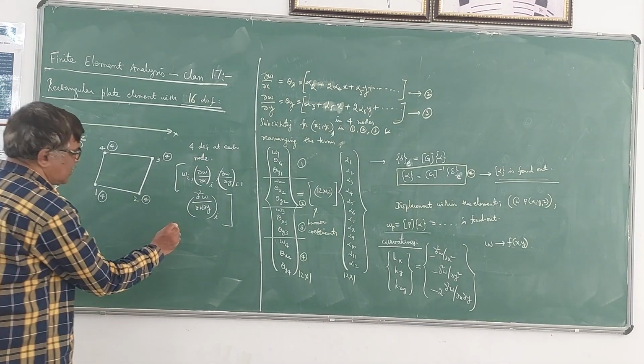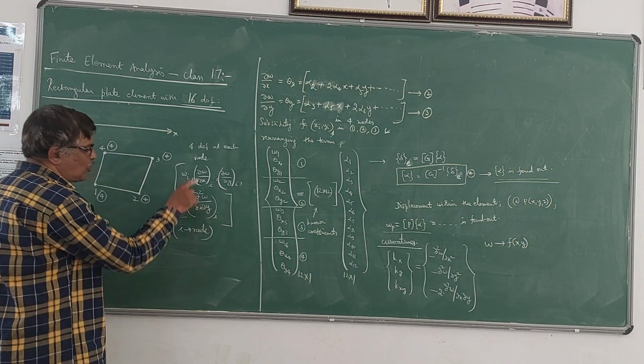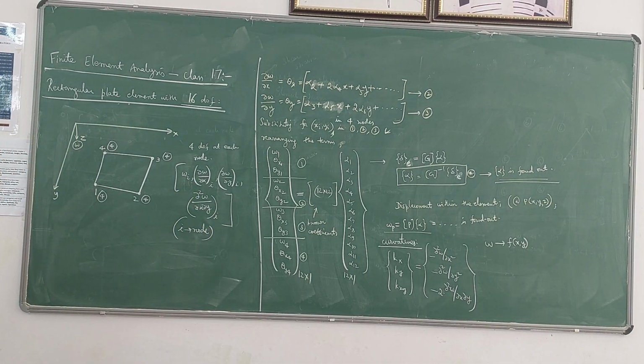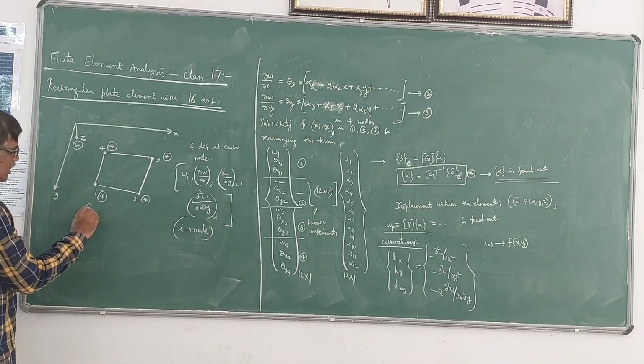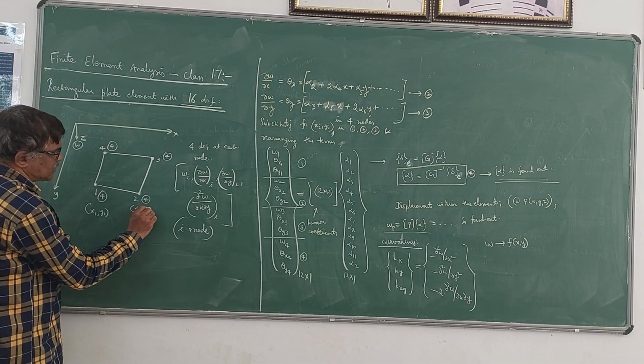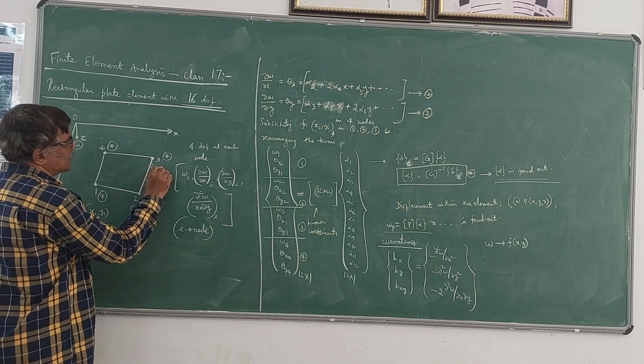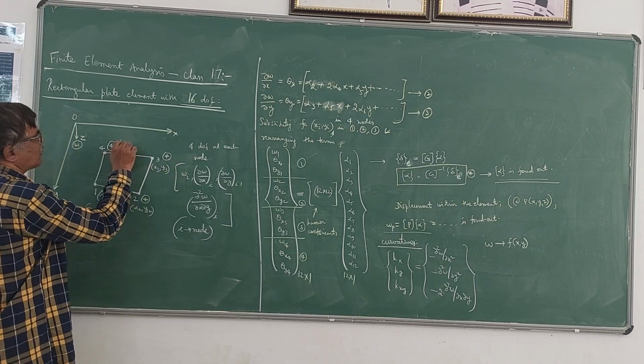I stands for the node number. There are 4 nodes, therefore 4 into 4 you will be having 16 degrees of freedom. Here also you will be having the coordinates of the nodal points with respect to origin as x1, y1, x2, y2, x3, y3 and x4, y4.